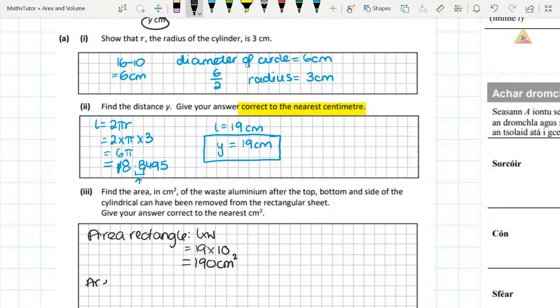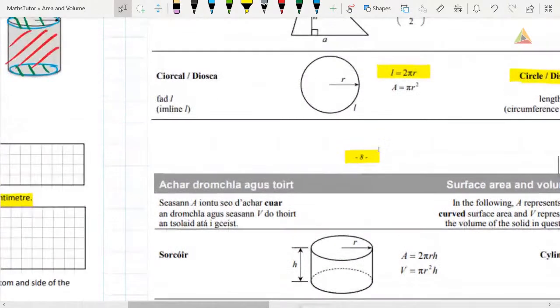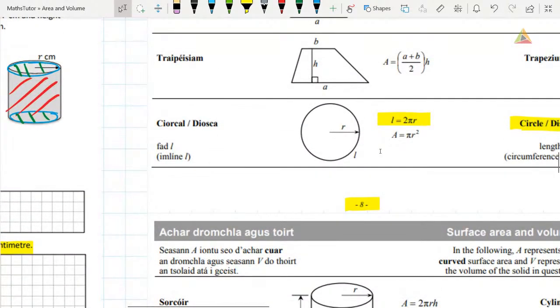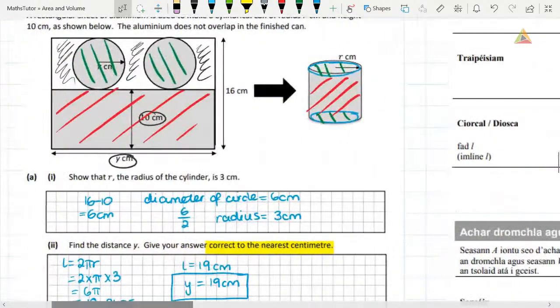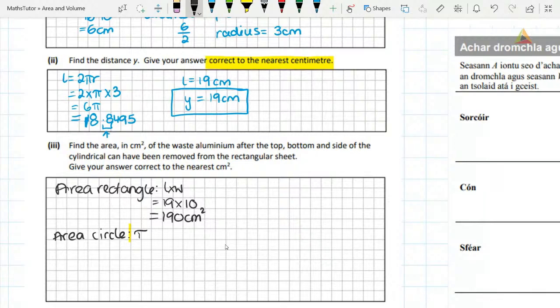I'm then going to work out the area of a circle. And again, I need this formula for my tables. So back here on my tables, page 8, here is my circle. And this time I want my area formula, which says pi r squared. So my formula for a circle is pi r squared.